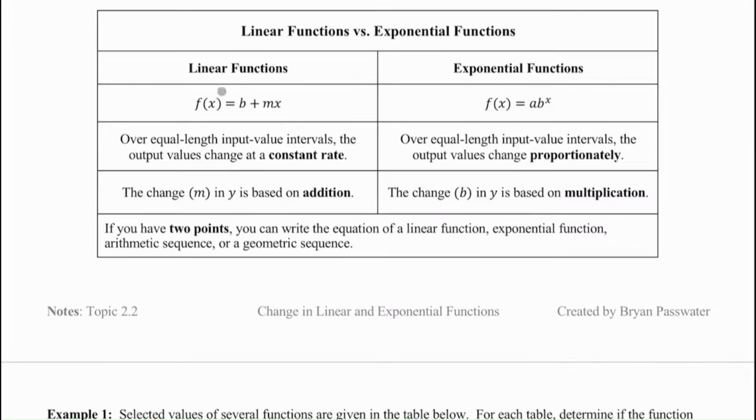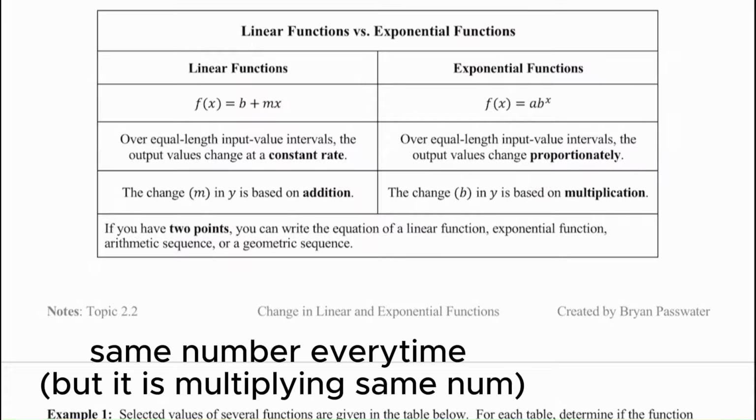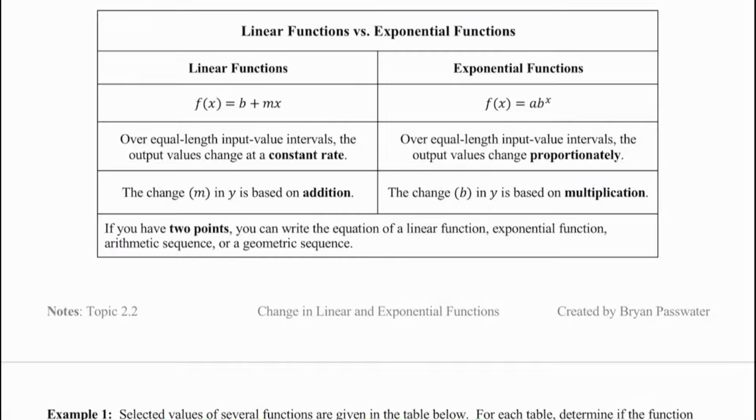So we know linear changes by a constant rate, and so do arithmetic sequences. Arithmetic uses the variable d, the common difference, which has to be the same every time, while geometric uses r, the common ratio, which is the same every time but is multiplied instead of added.